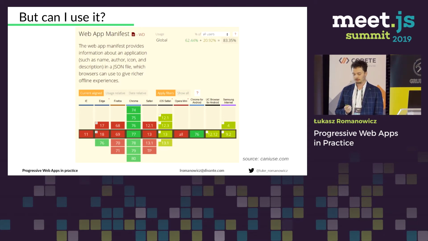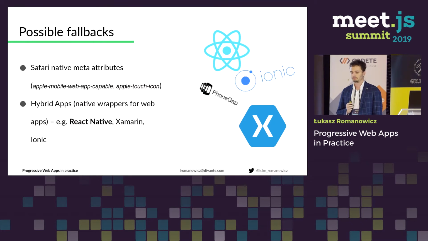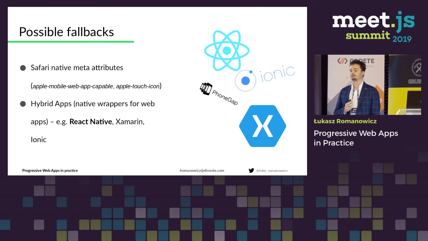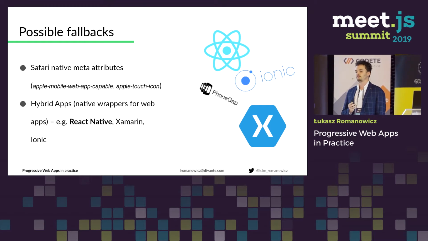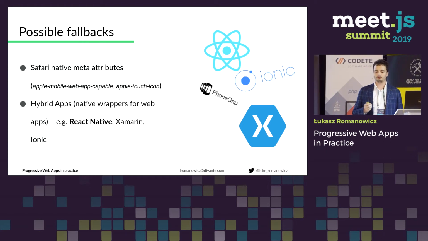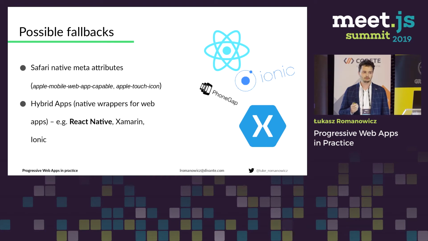So there are some fallbacks, because we have to think about fallbacks. On Safari, actually, there is a way to save the application offline, and it's not prompted like on Android, but still, you are theoretically capable of saving the application and using it from your desktop.